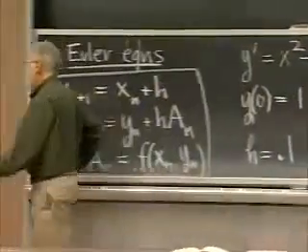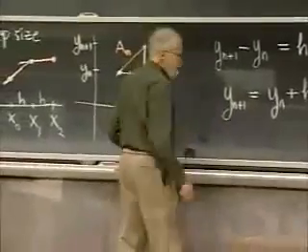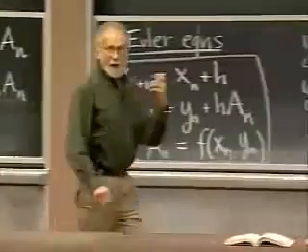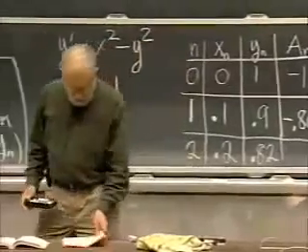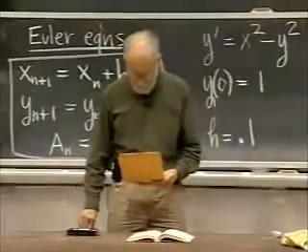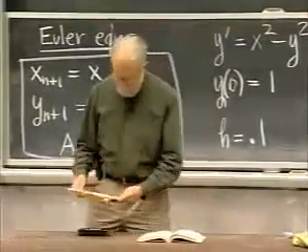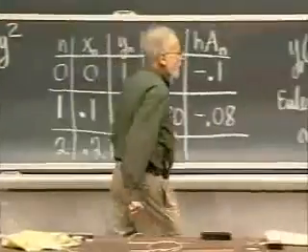Now, so that's the method, and that's how to find out something about it. And now what I'd like to talk about is errors. In a sense, I've started the error analysis.